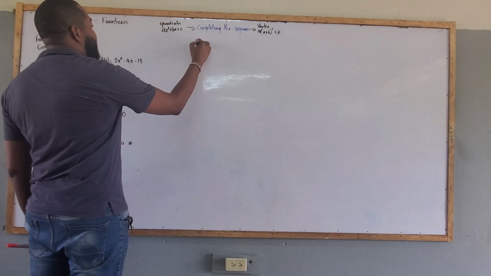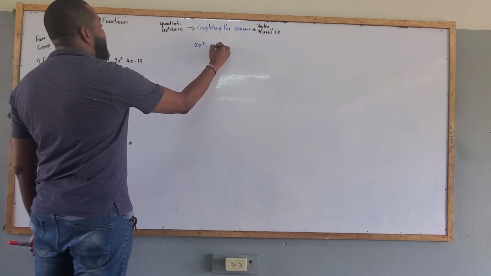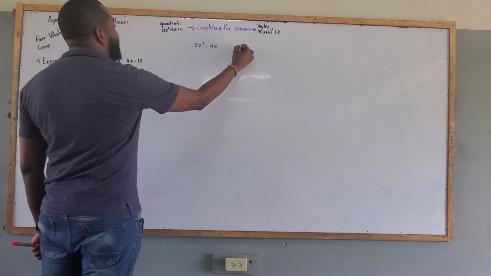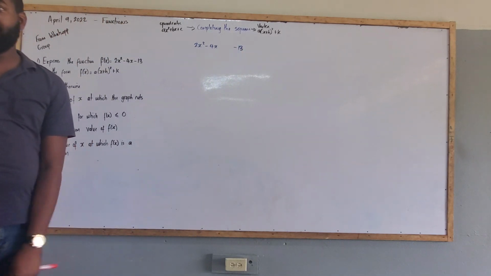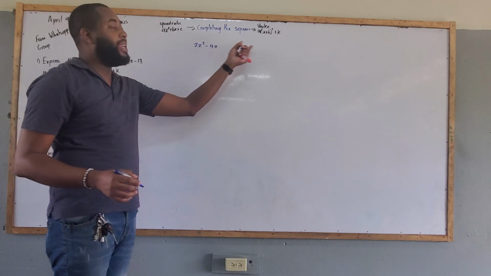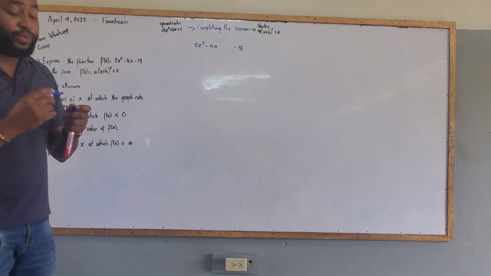We'll start out with 2x squared minus 4x, and we'll put a little space here, minus 13. We'll add something here and there, but before we can, we need to make sure that the coefficient of the x squared is 1.